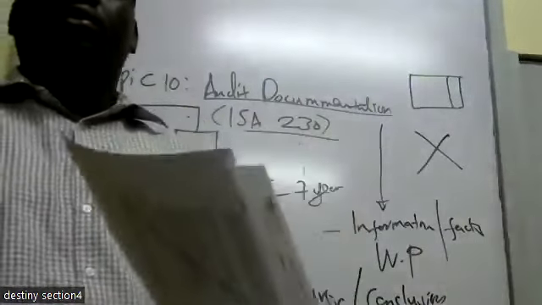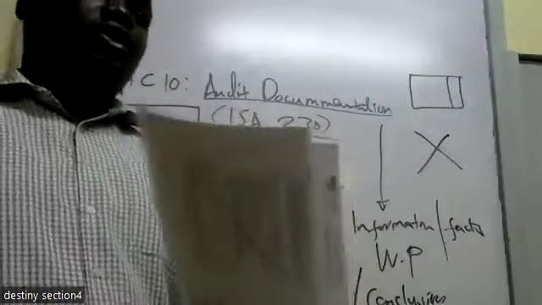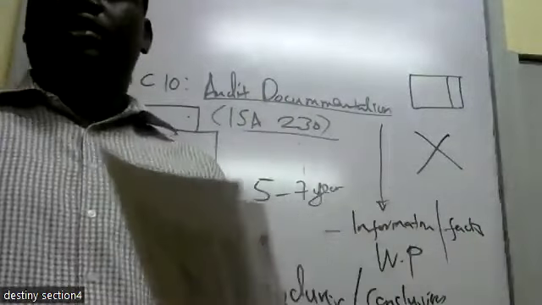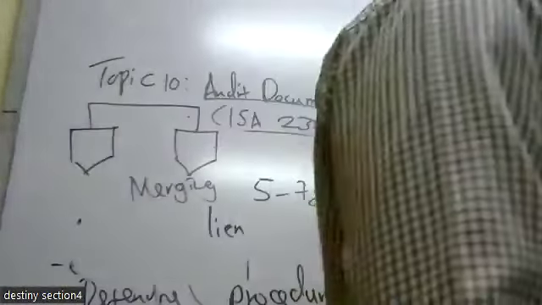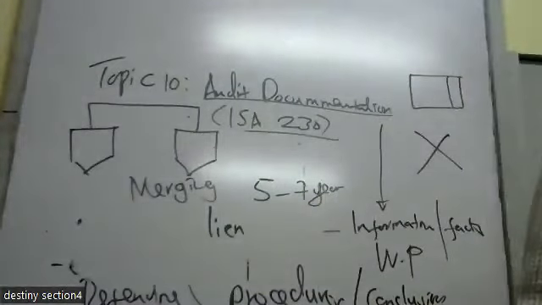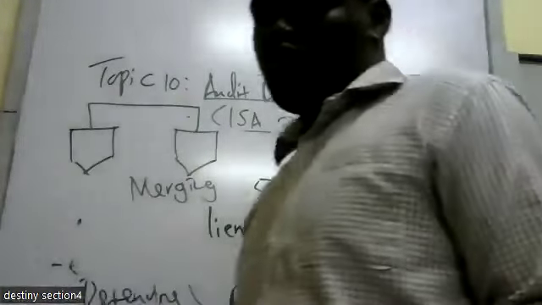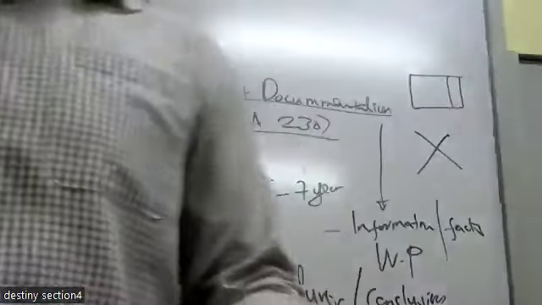So it was held that the auditor should have ownership and custody of the working papers. They are the bona fide owners of the working papers as per the provisions of ISA 230.